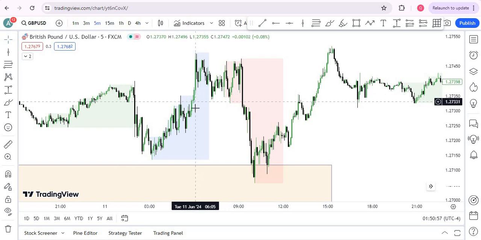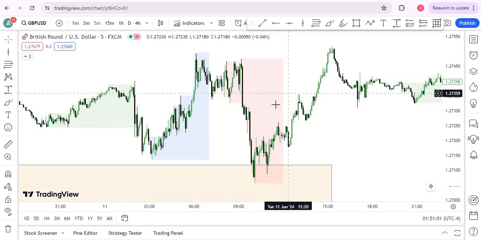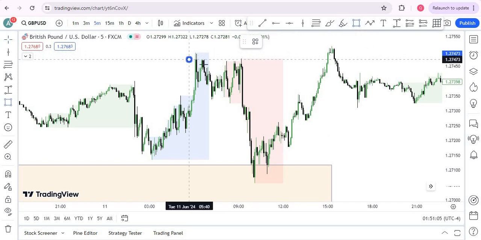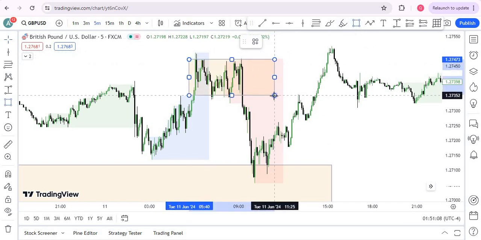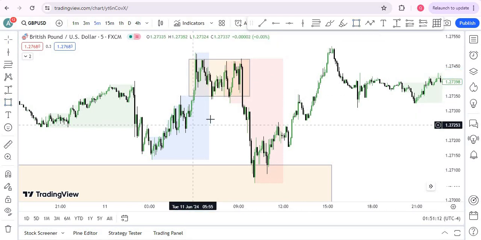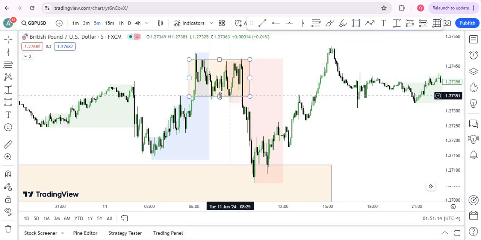Okay guys, if you did not see it, I am going to show you what it is. In the buy model we have this consolidation, right? You see how the consolidation is reacting.